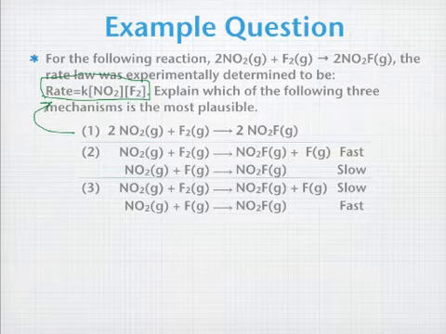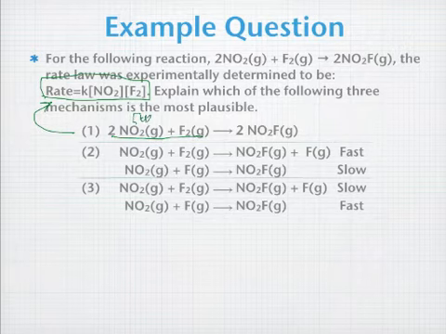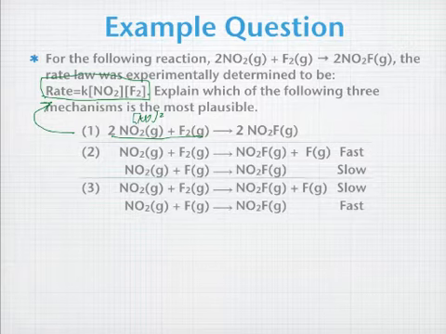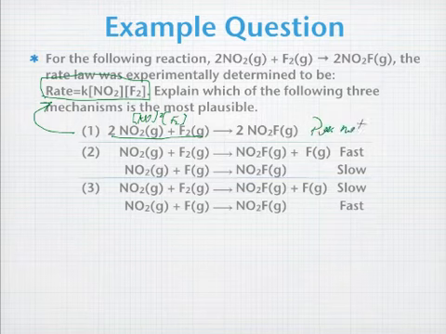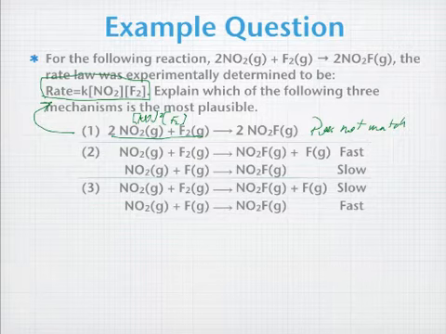So for example, reaction mechanism number 1 has NO squared, because there's two NOs, times the concentration of F2 as the rate determining step, and that does not match because we don't have two NO2s, sorry about that, two NO2s. In the second reaction, we have a slow step as our second step, and that tells us that we would have NO2 and F as our rate determining step.